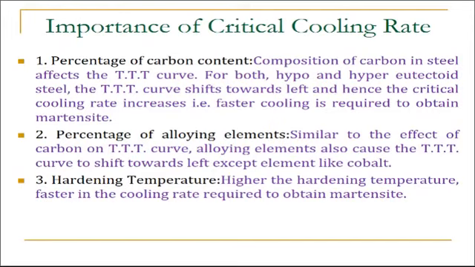Similar to the effect of carbon on the TTT curve, alloy elements also cause the TTT curve to shift towards the left, except elements like cobalt. The third point is the hardening temperature. The higher the hardening temperature, the faster the cooling rate required to obtain the martensite structure.